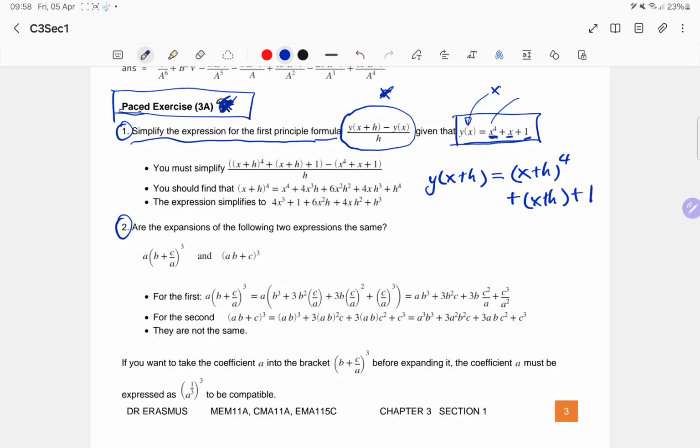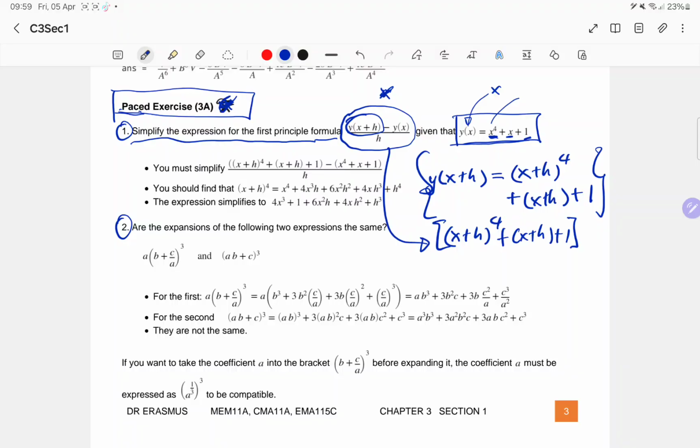So your first principal formula, you compute. You're going to have x plus h to the power 4. Remember, we are dealing with the first term, which is given by this. So you're going to have x plus h to the power 4 plus x plus h plus 1.